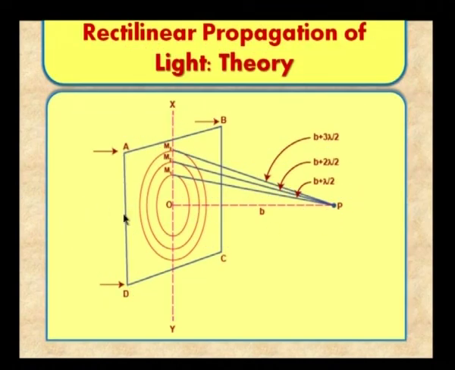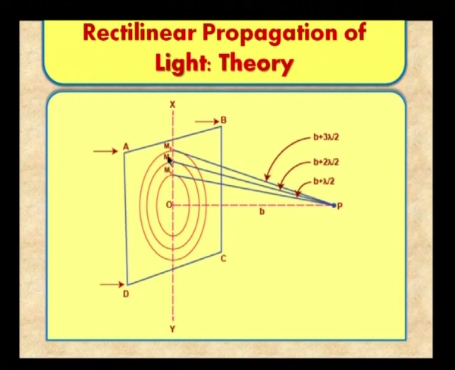So, this is the point P, the light has arrived at the region up to ABCD. ABCD is a plane wavefront. It is divided into a number of zones, right. The distance separating O and P is OP, so b is the distance here. Now, from P you have this greater distance, b plus lambda by 2. What is lambda? It is the wavelength of the monochromatic source.